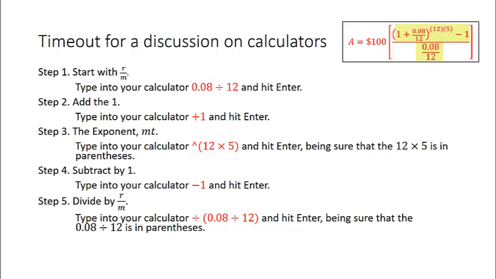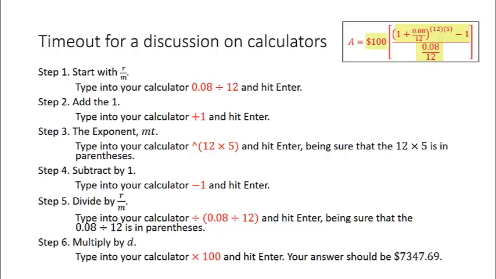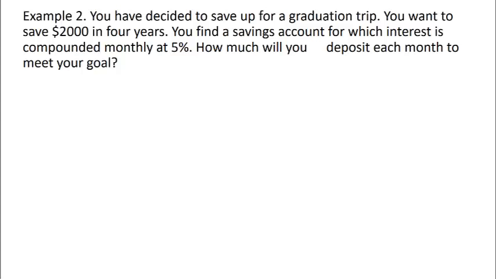Now, be sure that the 0.08 divided by 12 is in parentheses so that you're dividing by that entire quantity. Finally, multiply by D. In this example, you would type into your calculator times 100 and hit enter. Your answer in this case would be $7,347.69.